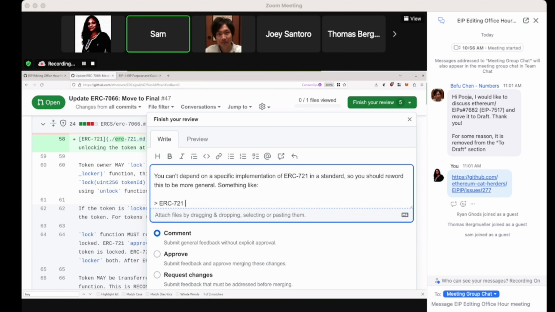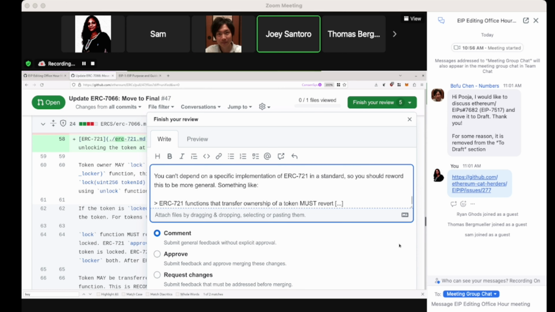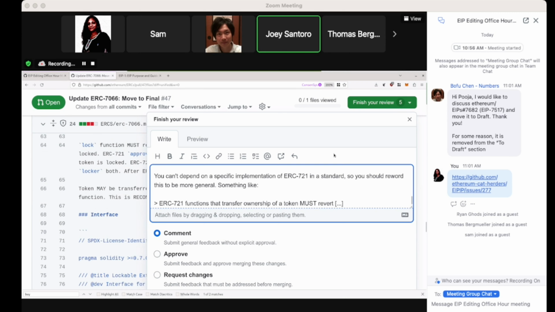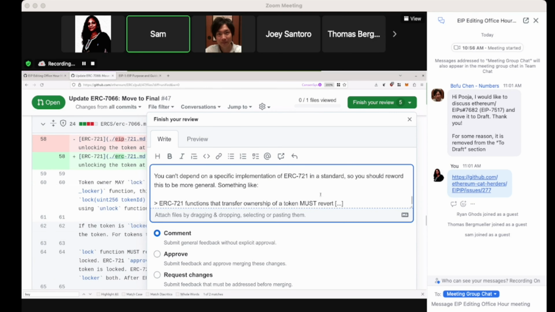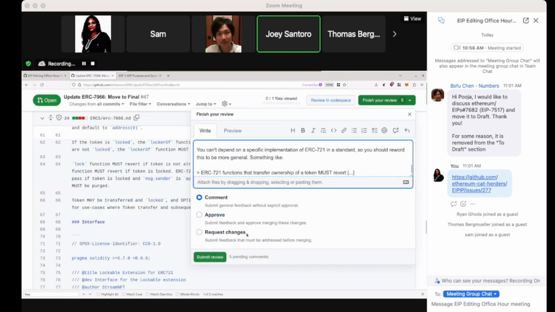ERC 721 functions that transfer ownership of a token must revert. We are too zoomed in. Pull request 47.